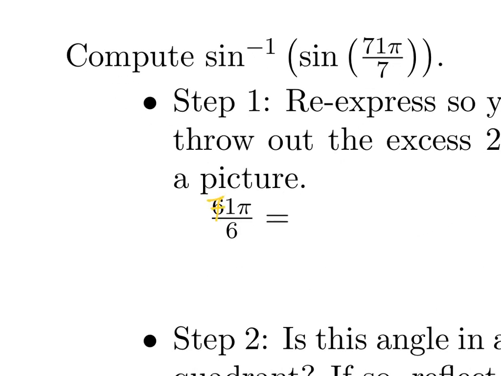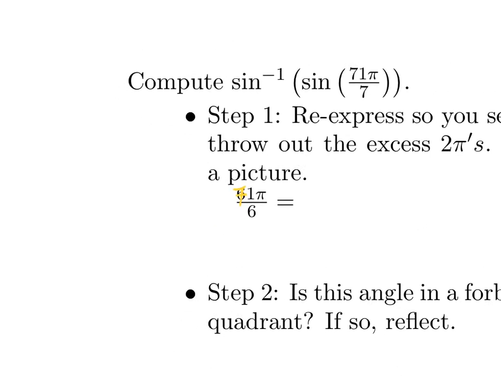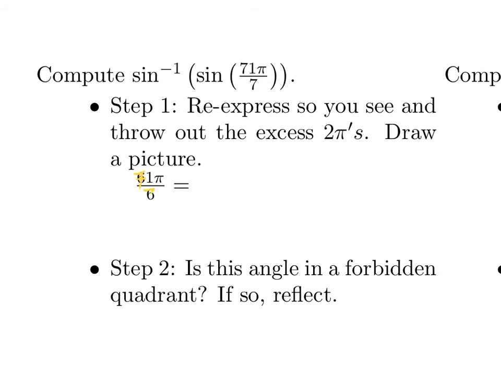Dividing 71 by 7 will give me 10 pi plus an extra pi over 7.